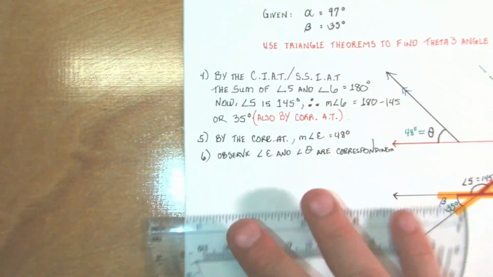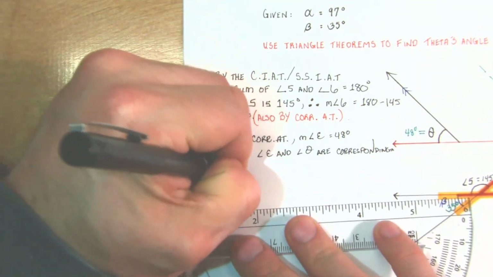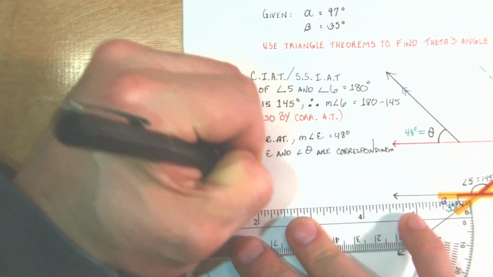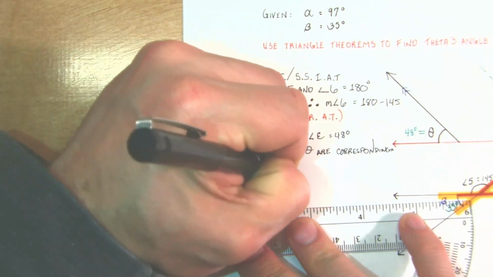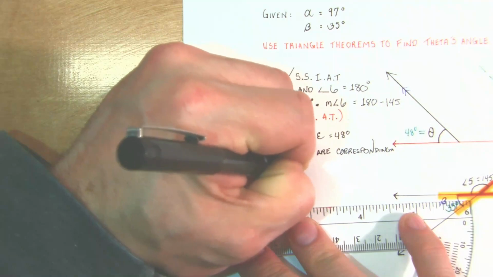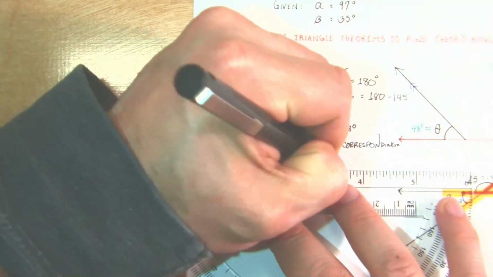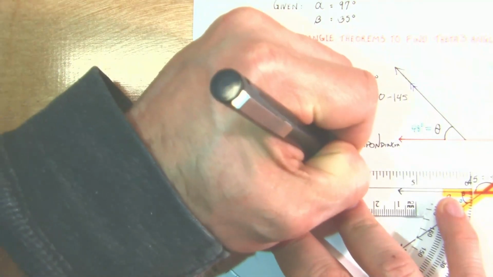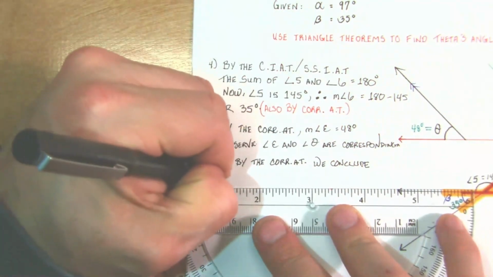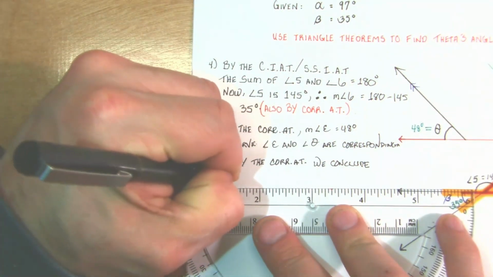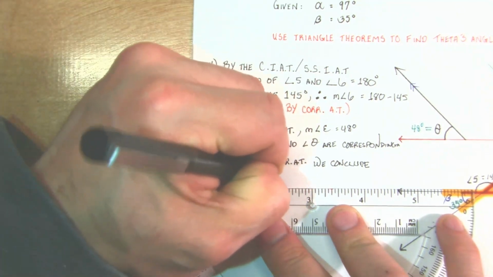Okay? Therefore, by the corresponding angle theorem, we conclude that the measure of angle theta equals 48 degrees.